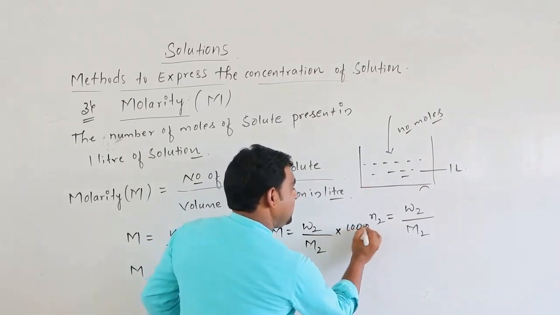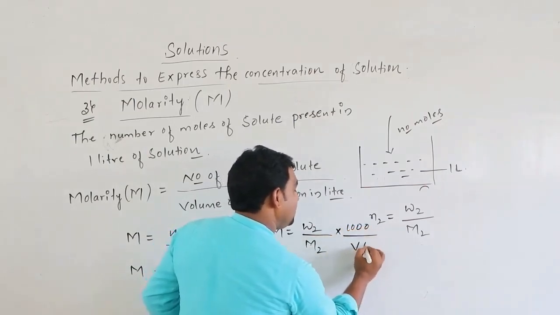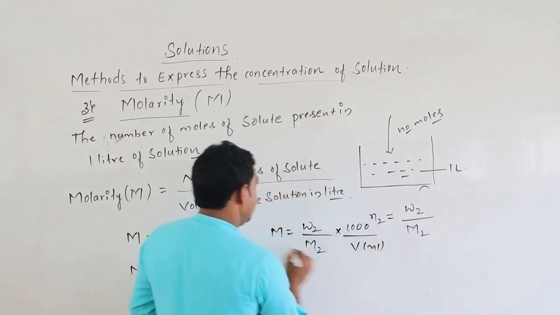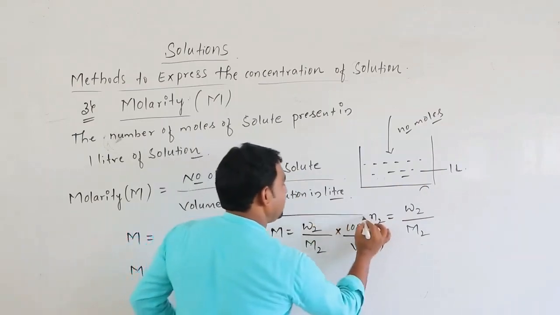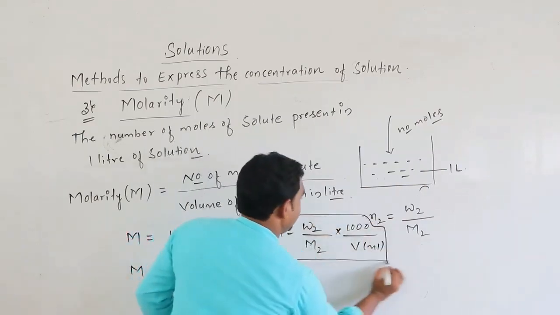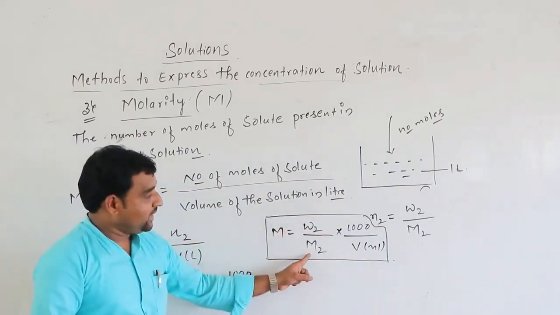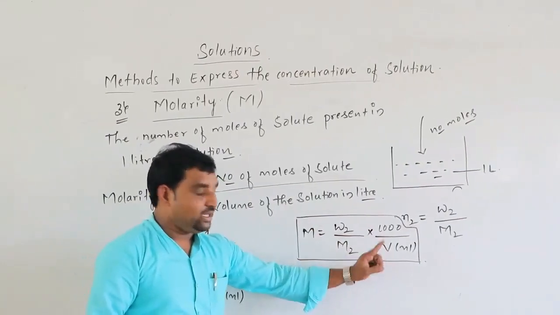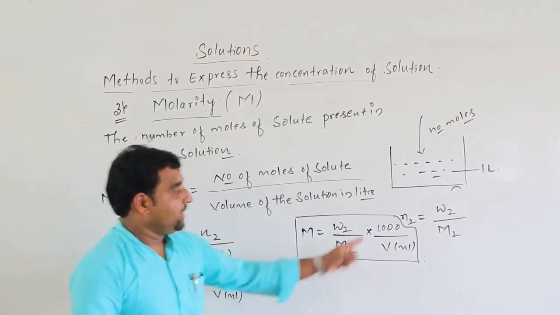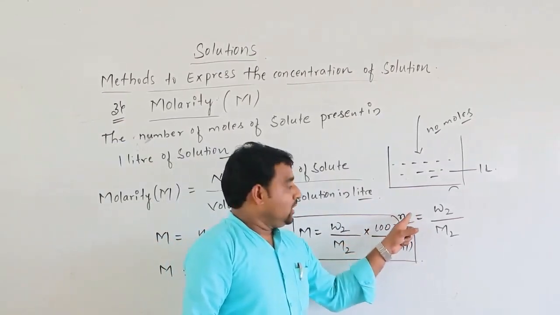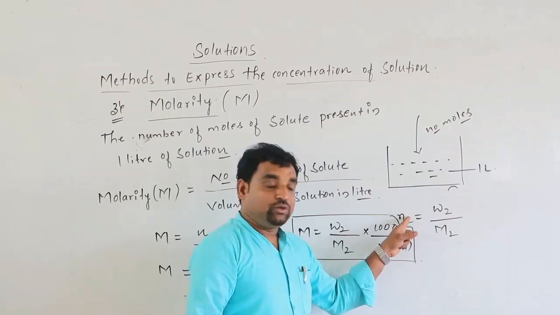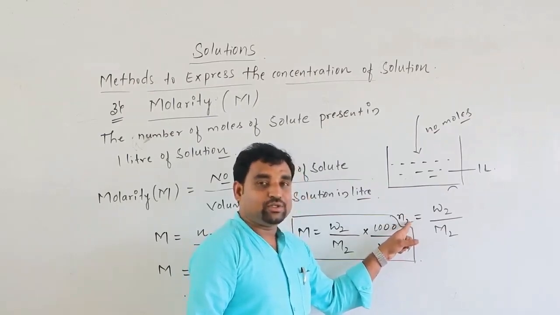So M is equal to W2 divided by M2, into 1000, divided by the volume of the solution in ml. This is the formula to calculate the molarity of the solution. 2 refers to the solute, 1 refers to the solvent.